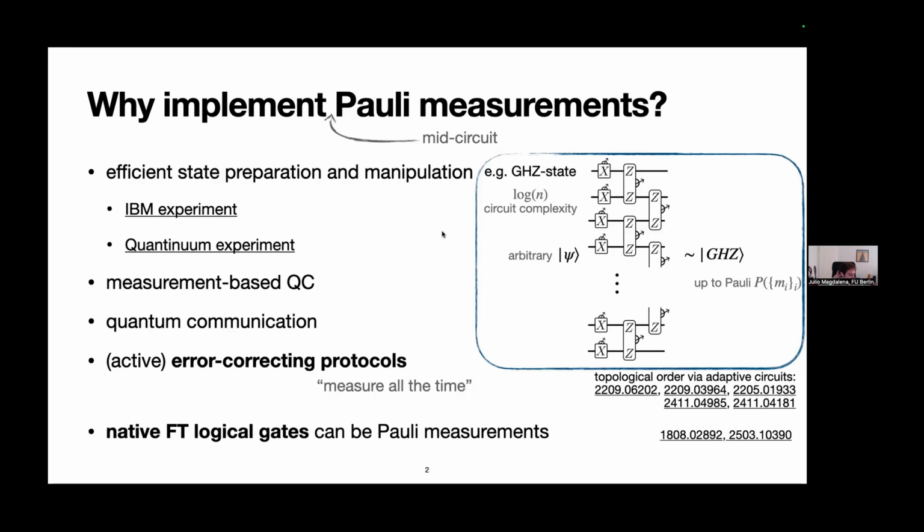In many error correcting protocols, the gates that are natively available in many types of error correcting codes are actually entangling measurements instead of entangling unitaries, as you might think. So compiling these measurements on the logical level into a sequence of lower weight measurements might be helpful there as well.